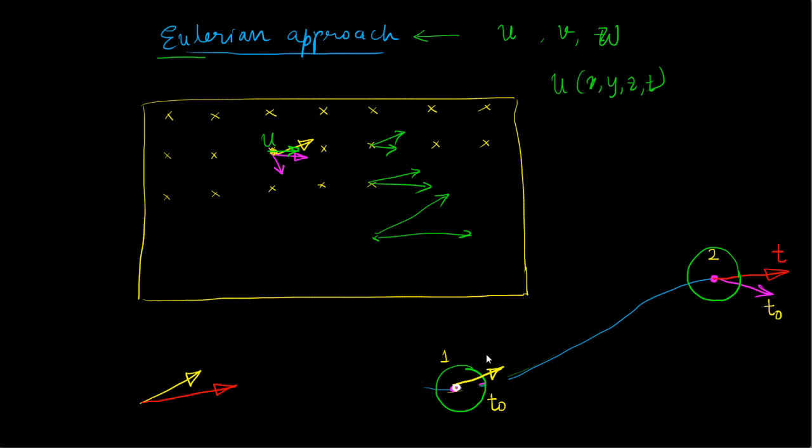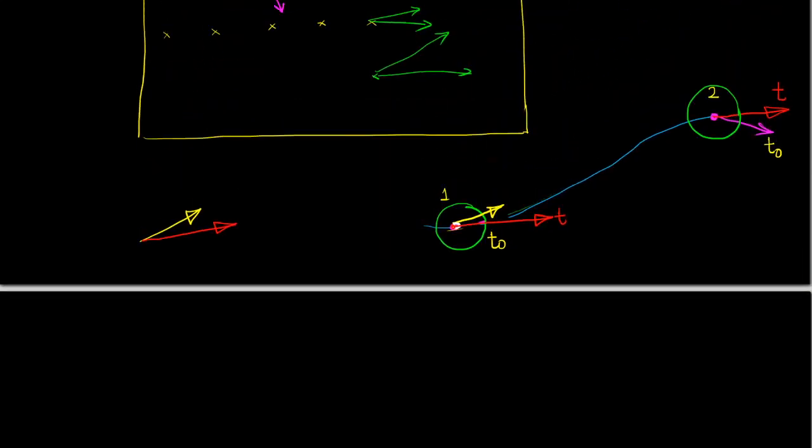While this velocity has changed, the velocity at point 1 might also have changed to something like this. Let me call this the velocity at point 1 at time t. So the total change in velocity as seen by the particle, that is v at point 2 minus v at point 1, is essentially the velocity at point 2 at time t minus the velocity at point 1 at time t naught.